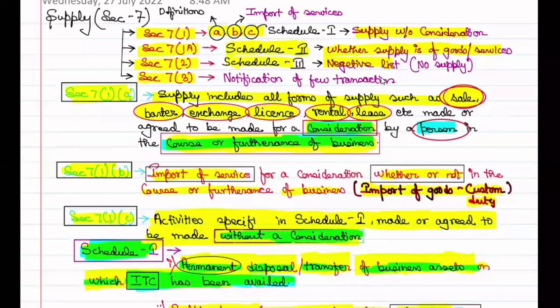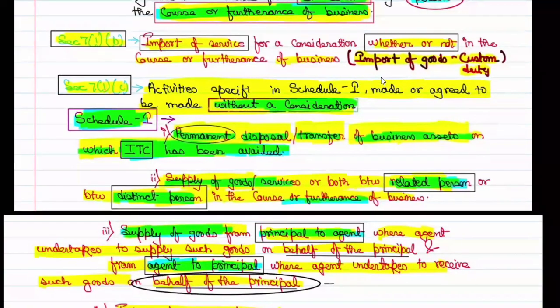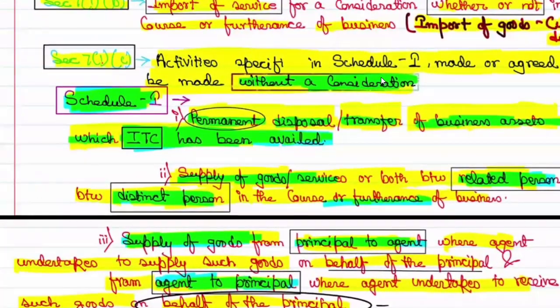See, what I'll do right now is discuss those points which, if made without consideration, will be a supply. I'm just reading out those names. That's what we discussed, that it will be schedule 1.